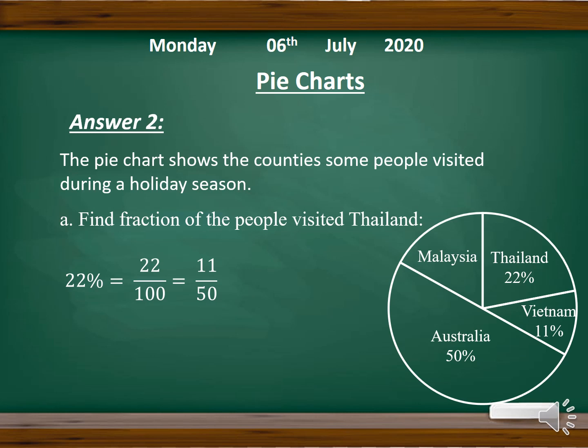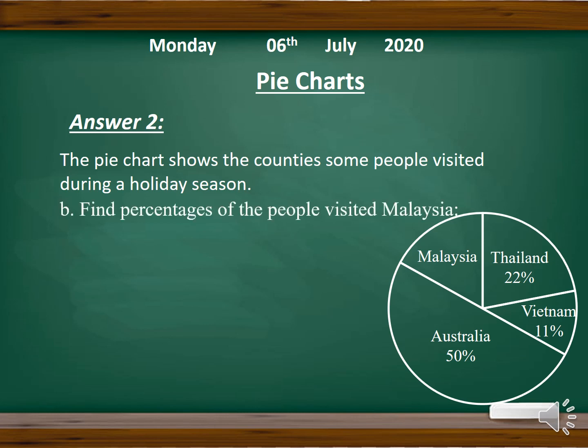We can say 22 out of 100. Both numerator and denominator can be divided by 2 exactly, which is equal to 11 out of 50. 11 out of 50 here we can say is in its simplest form. So we can say the answer is 11 out of 50 of the people visited Thailand.